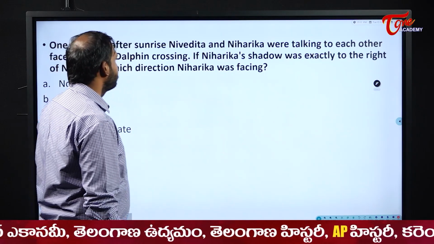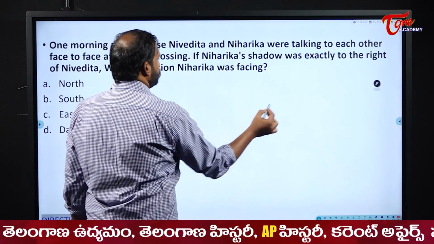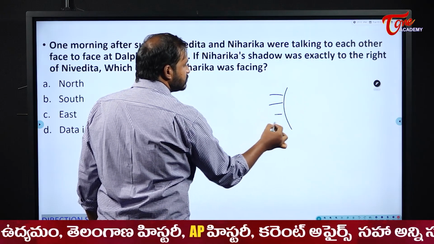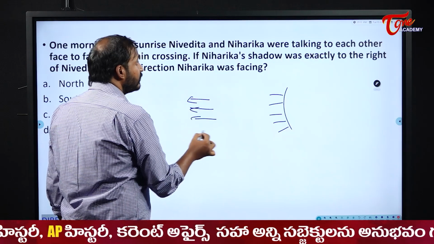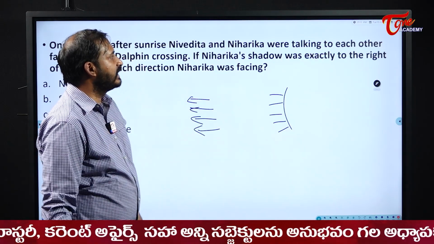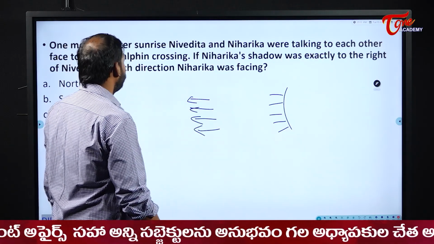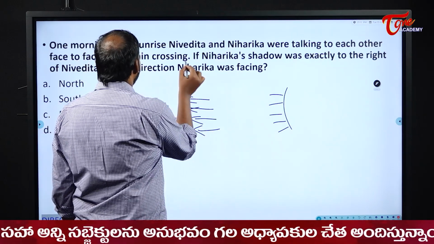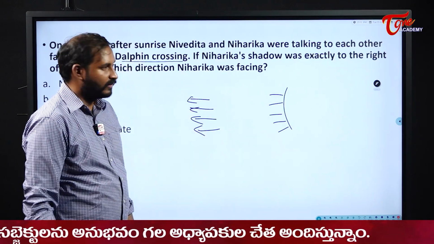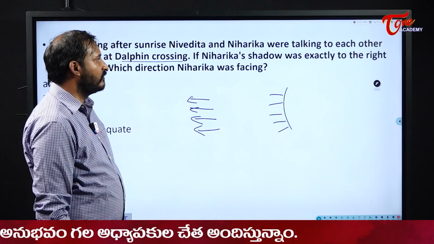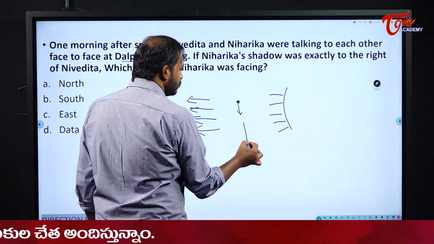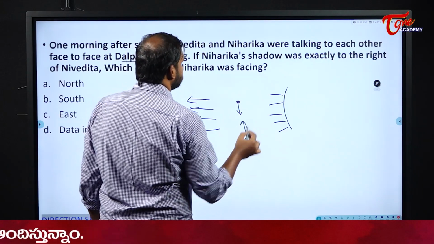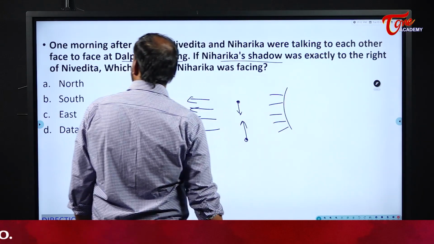Next one. One morning after sunrise, shadows will fall here. We know it very well. Nivedita and Niharika were talking to each other face to face at a dolphin crossing. Niharika's shadow was exactly to the right of Nivedita.